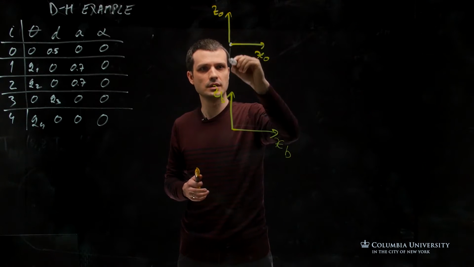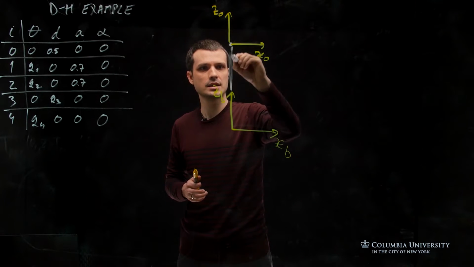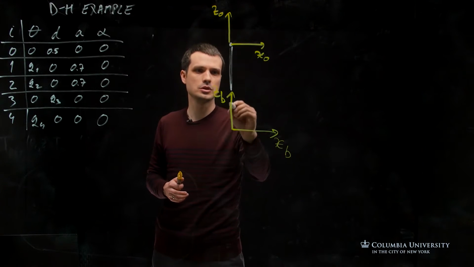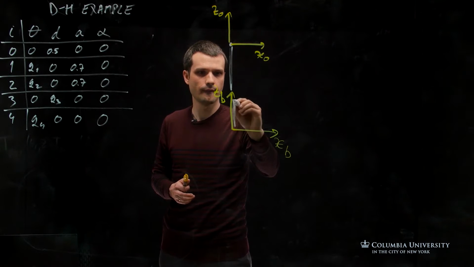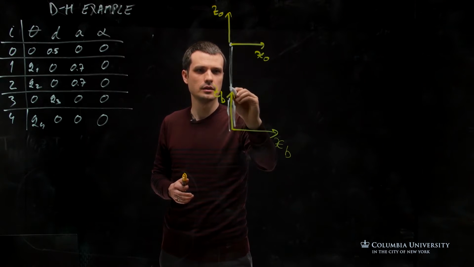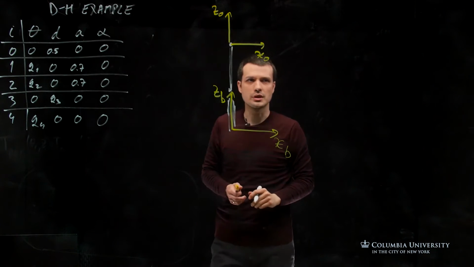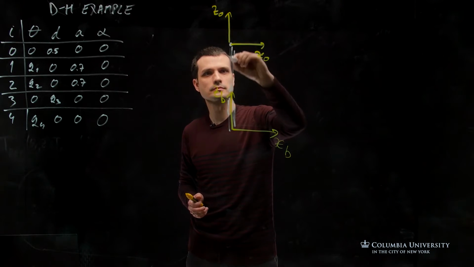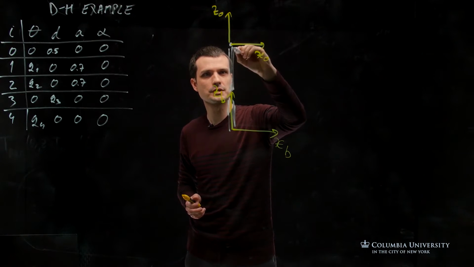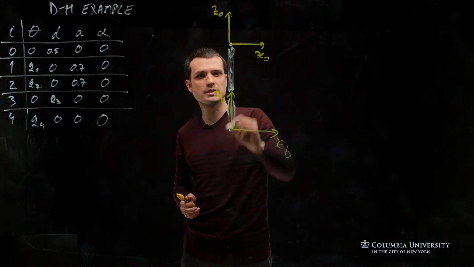There is a fixed link that gets us from the base coordinate frame to the first joint. This is L0.